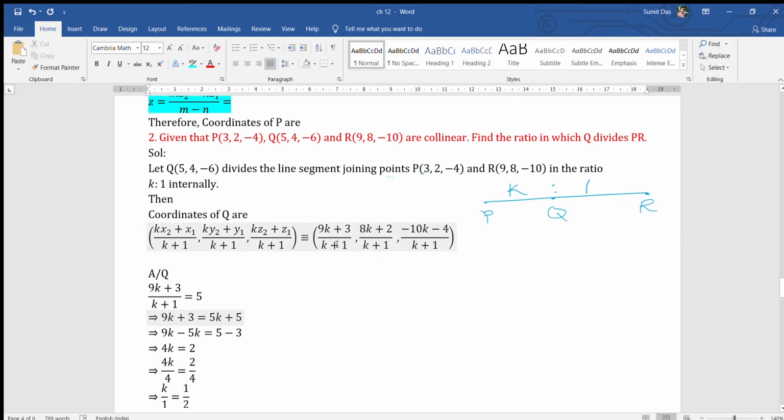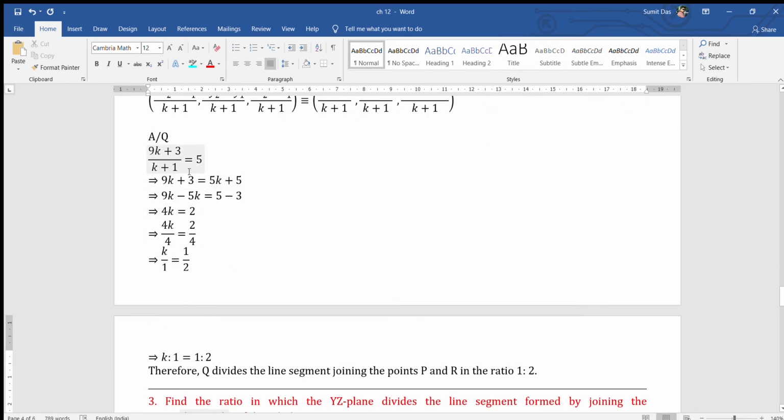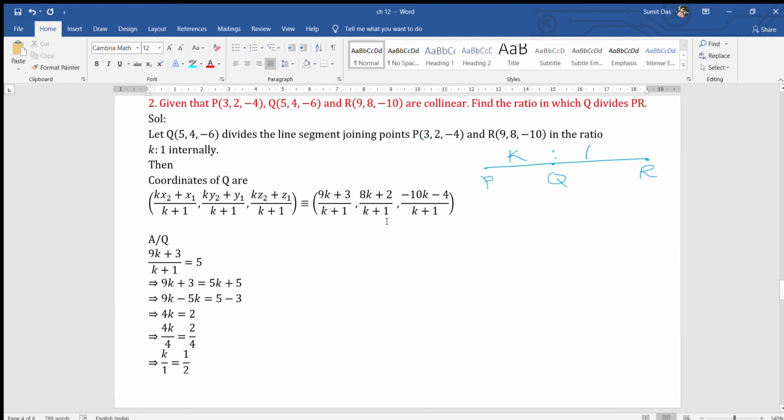It does not mean that the k value in the z coordinate is different from the y coordinate. All coordinates have the same k value, so you can take any of them. I'm taking the x coordinate. When you are doing this in your book, try taking y and z and check whether the value is the same or not.